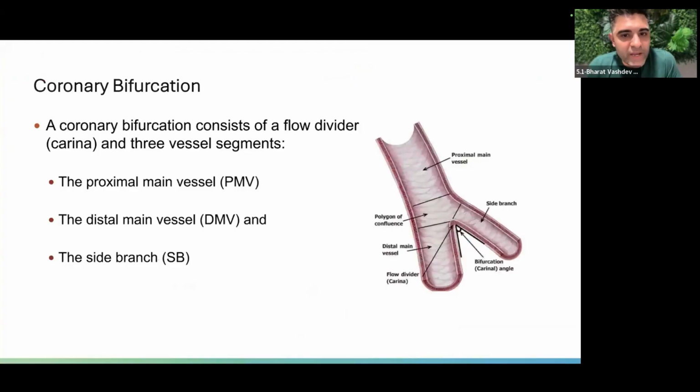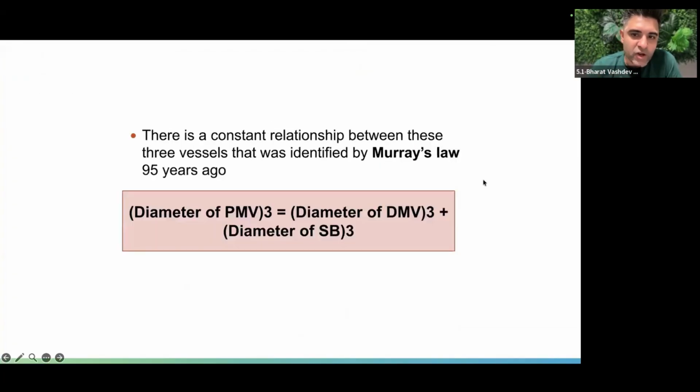We know that in a coronary bifurcation you have a flow divider, the carina, and three vessel segments. This is just some revision. You've got the proximal main vessel, the distal main vessel, and the side branch. There's a constant relationship between these three vessels that was identified by Murray's law more than 95 years ago.